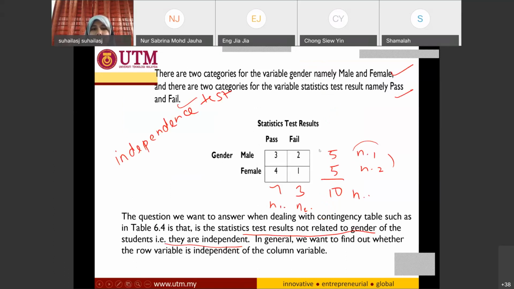After that, you compute the total for each row and each column, and then the grand total. The question we want to answer with a contingency table is whether the statistics test result is related or not related to the gender of the student.